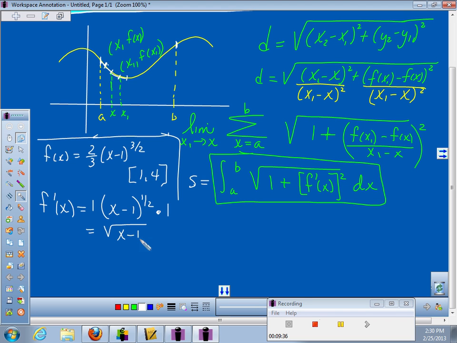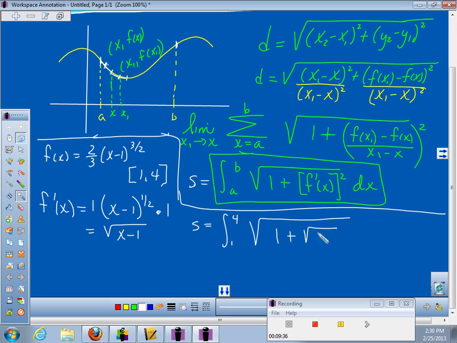Then go fill it in the formula once you've got that figured. Okay, so Dylan says, to get the arc length here, I am integrating from 1 to 4. It says do the square root of 1 plus our derivative, which is the square root of x minus 1.